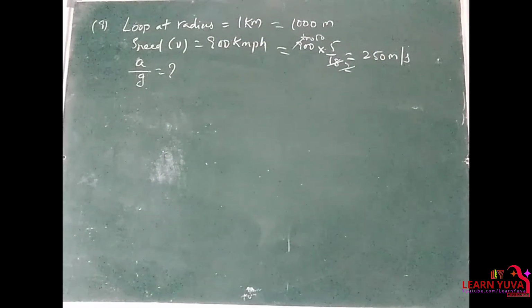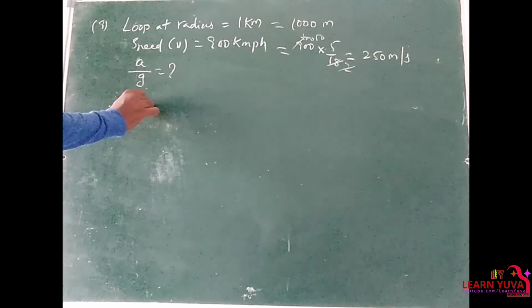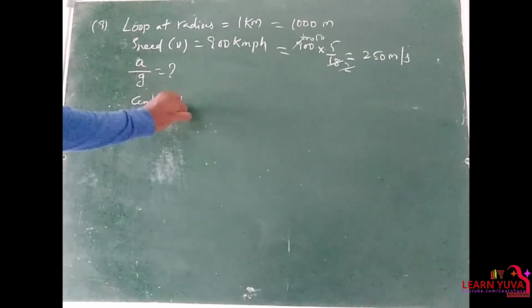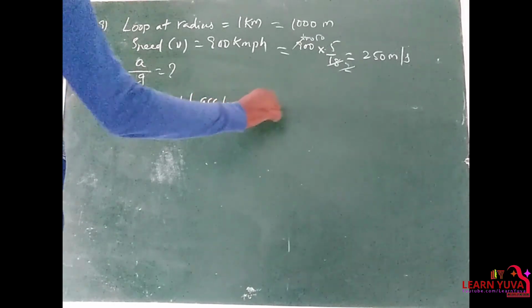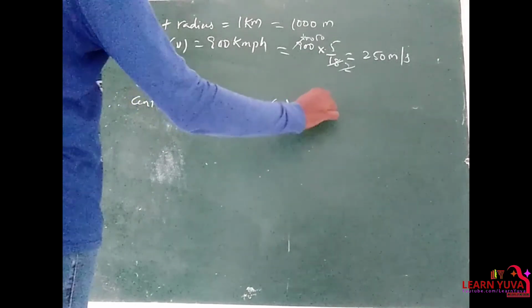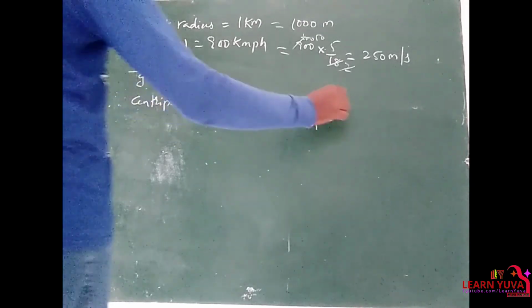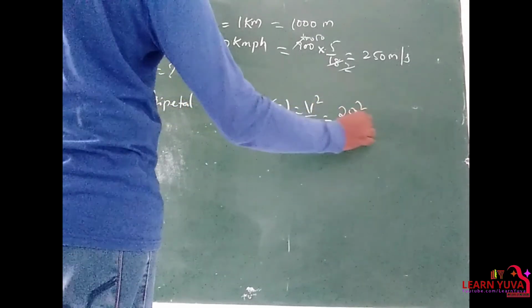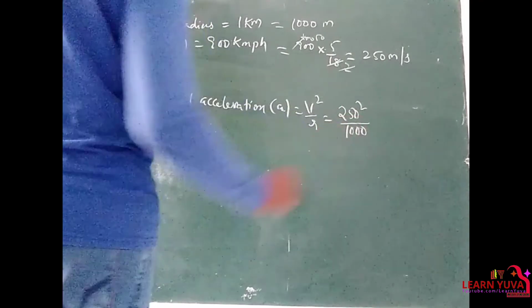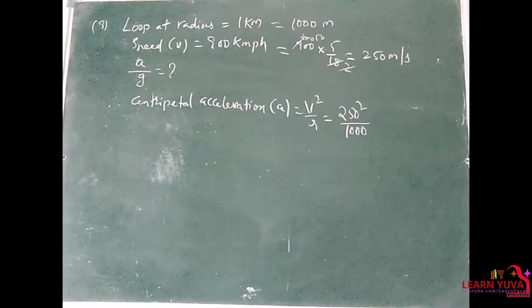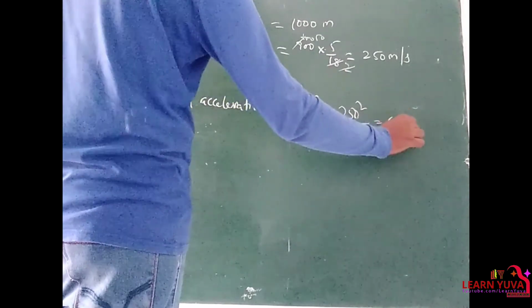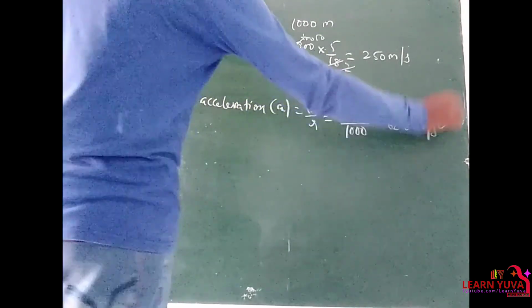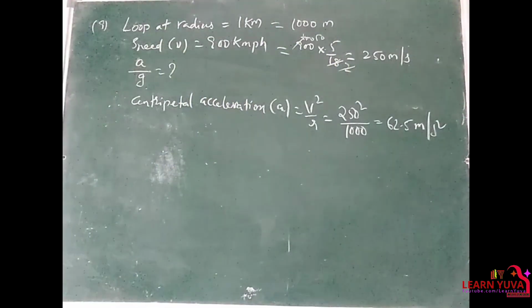So centripetal acceleration a is equal to v square by r, 250 square by 1000. It is nearly 62.5 meters per second square, right?